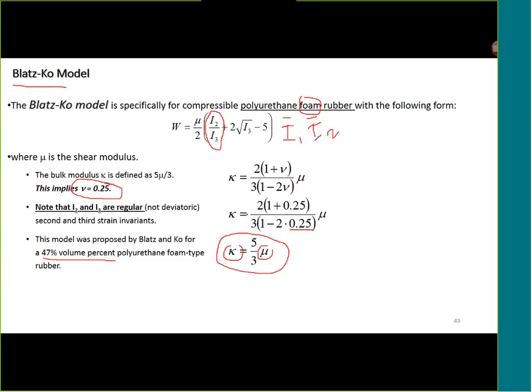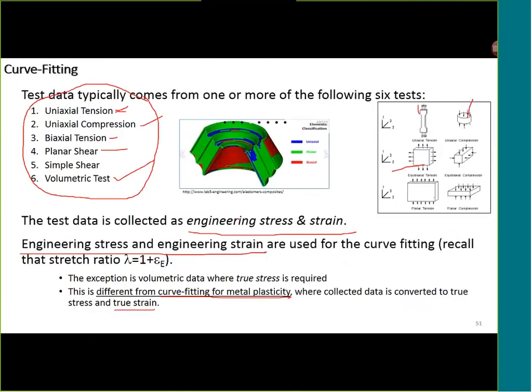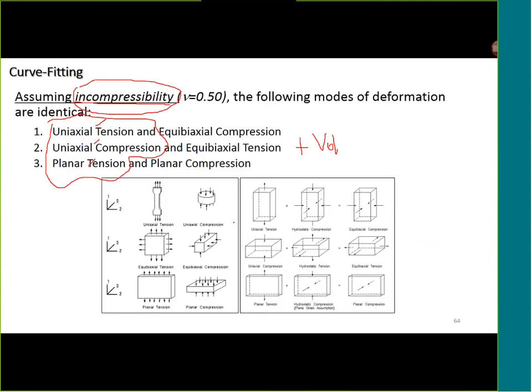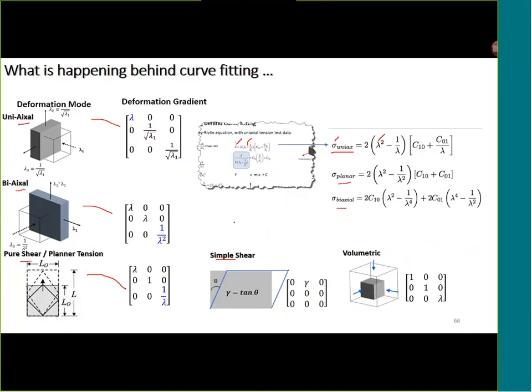The reason is that when we do the curve fitting, the equations are written in terms of the stretch ratio as you see here, rather than directly in the strain or the invariant. If any material model uses the invariant, those invariants have to be rewritten as a function of these stretches. So there will be some loss of information, rather than using a material model which directly relates to the stretch during the curve fitting.